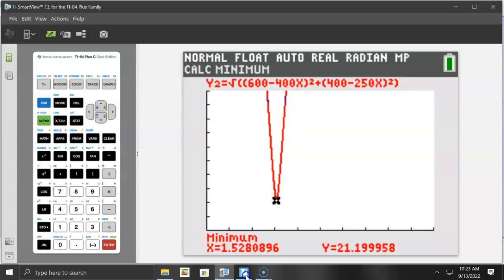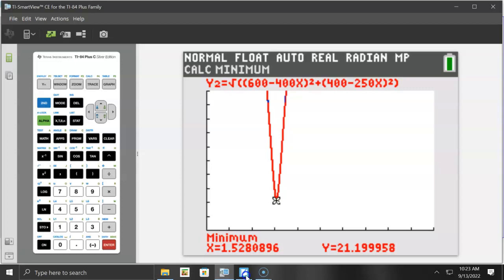All right, so what does this mean in the context of this problem? Will these planes intersect? No, their distances never hit 0, so that Y is just how close they get, because that's my distance. They get like 21.2 miles away from each other, which in the plane world is way too close. This one's miles per hour.